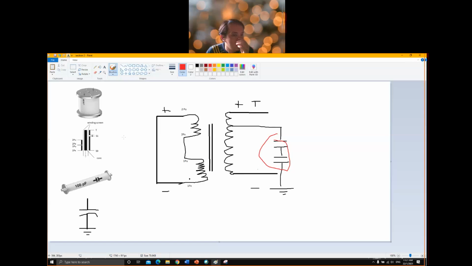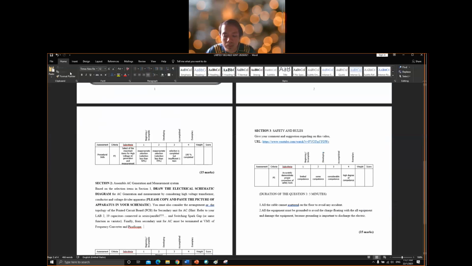Then for the measurement, we assemble the voltage divider. Measure considering the voltage divider, conductor, voltage and divider apparatus, 100 pico CV 1PX.